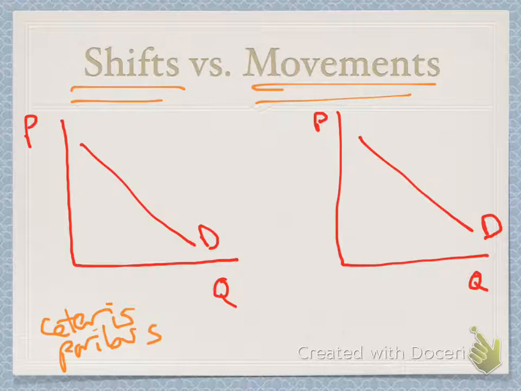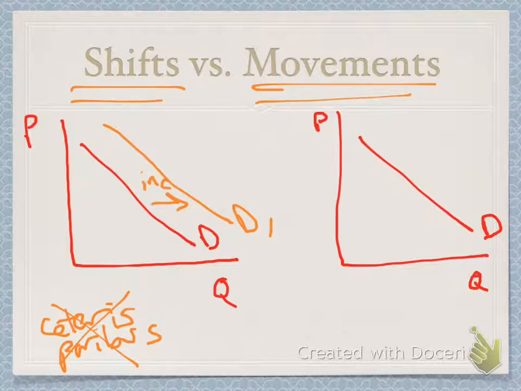And that if you raise or lower the price, the quantity demanded would change. Well, with a shift, you say, let's get rid of this, and something might change that causes the whole demand curve to shift to the right, and that's an increase. Or something might happen that causes the whole demand curve to shift to the left, and that's a decrease. Okay, that's getting rid of ceteris paribus, and I'm going to talk through the shifters in a second.